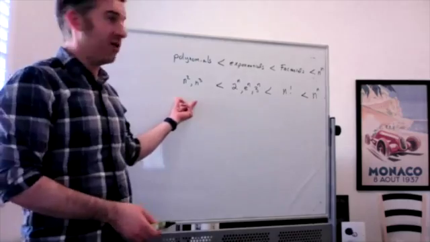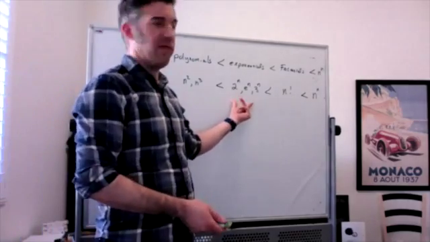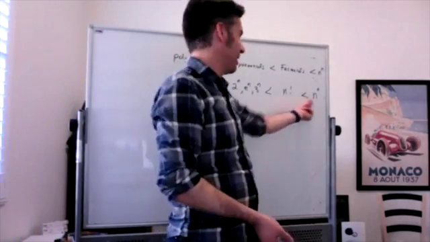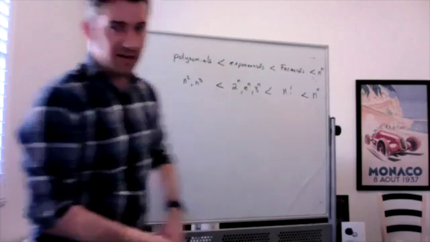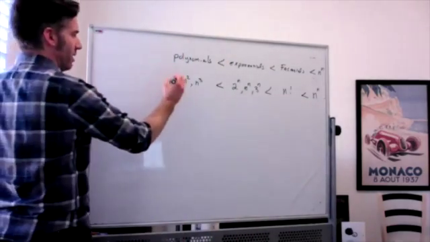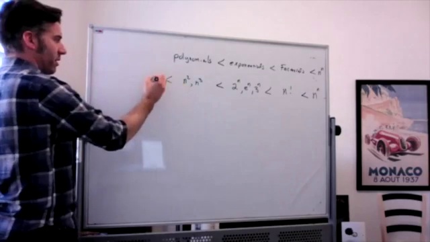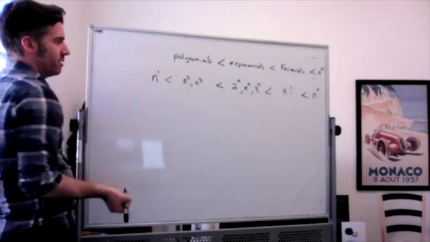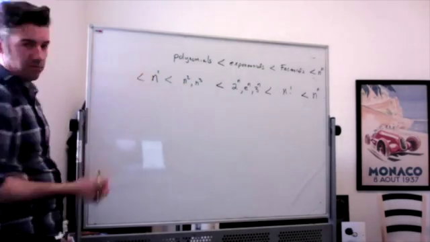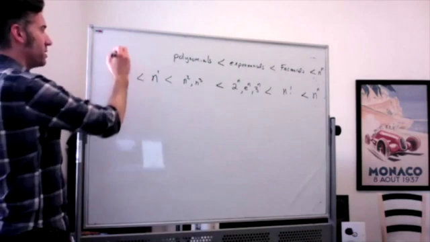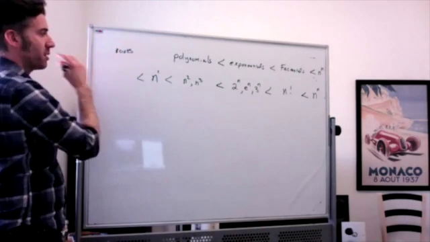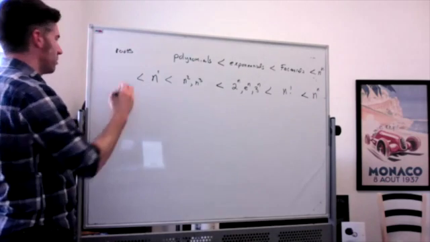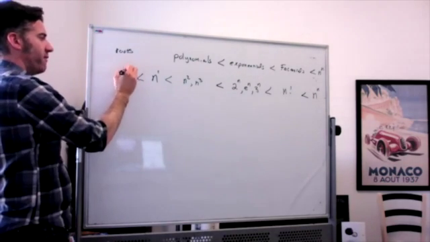Polynomials are kind of the slowest. Exponential is a little bit faster. Factorial is really fast. N to the n is super fast. And there's also slower things, right? There is just good old n by itself. And then there's fractional powers or roots, like n to the 1/2.